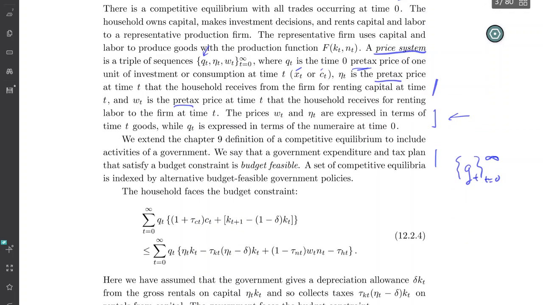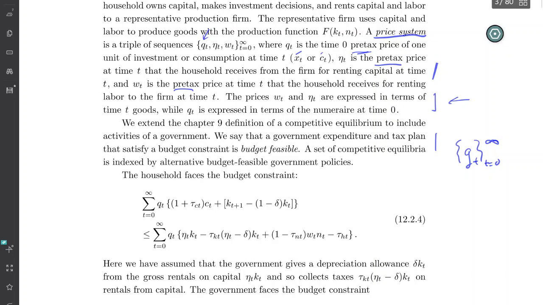So we're going to be in the business of characterizing this manifold, and to do that we're going to have to dip down and put some restrictions on some of the tax sequences, and then see what the consequences are. That's the whole structure of this chapter. So the government faces a time zero budget constraint, this thing done Arrow-Debreu style at time zero.